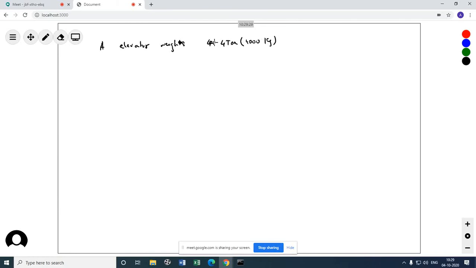Okay? When the upward tension in the supporting cable is 48 kilo Newton, what is the upward acceleration?